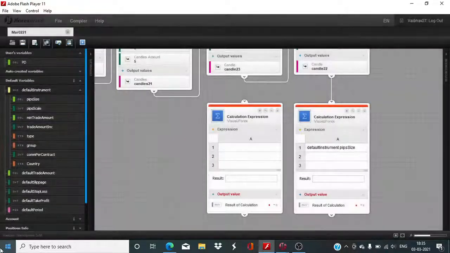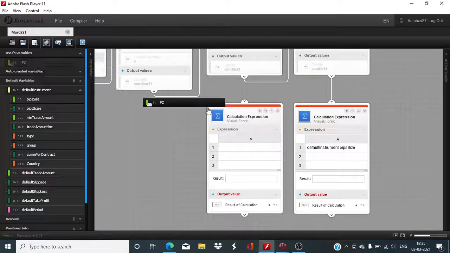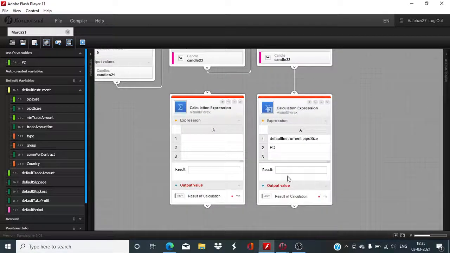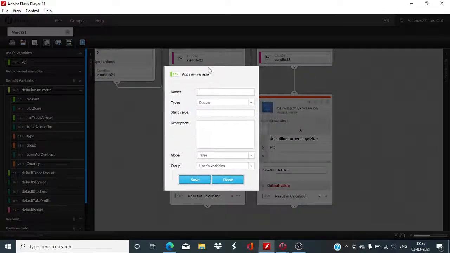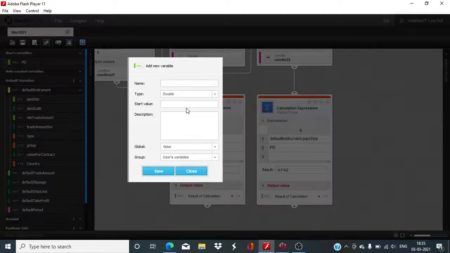Okay, and here it will be A1 into A2, and the result of the calculation is going to be our defined value of 10 pips. 10 pip difference.